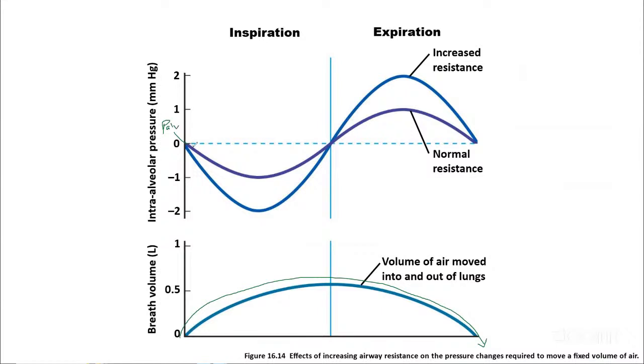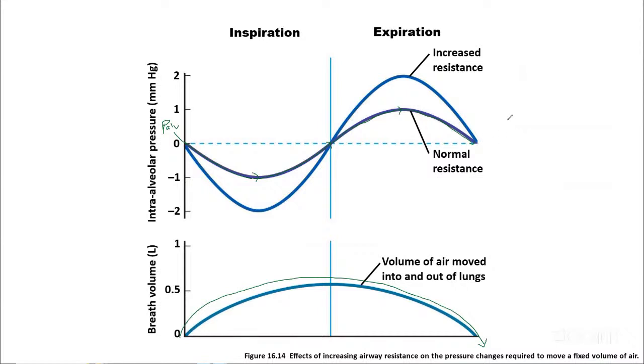Normally, when you breathe in, it dips down to -1. Air comes in, reaches equilibrium with the atmosphere. Then you start to breathe out by creating a high pressure in the lung. It comes to a maximum, and we drop back down. So that's our normal breath.